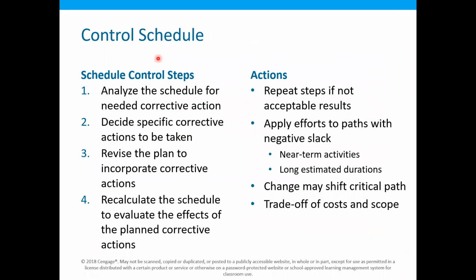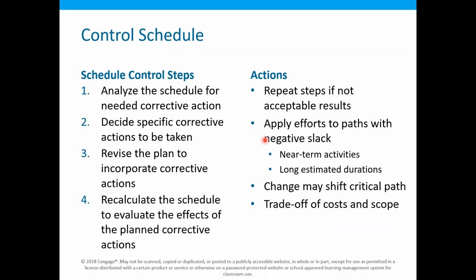Then in the control schedule, there are certain schedule control steps, and some actions which need to be taken. Sometimes time-cost trade-offs are also employed. That means to reduce the project duration, maybe sometimes we have to reduce the scope of the project, or reduce the quality requirements of the project as well.